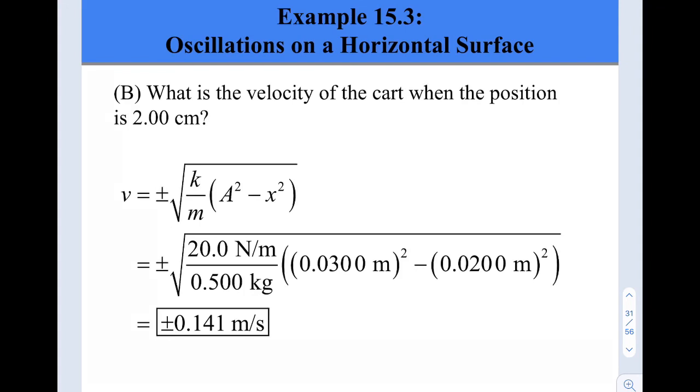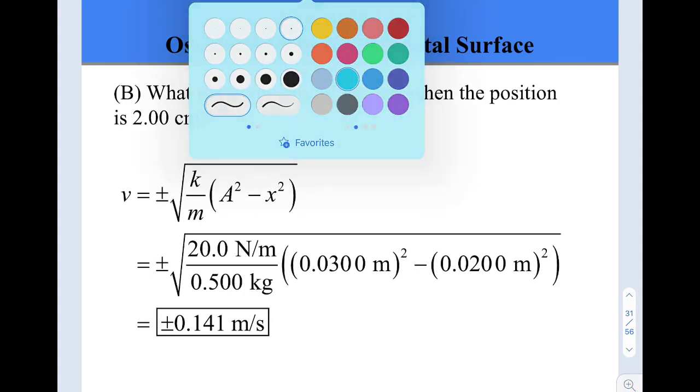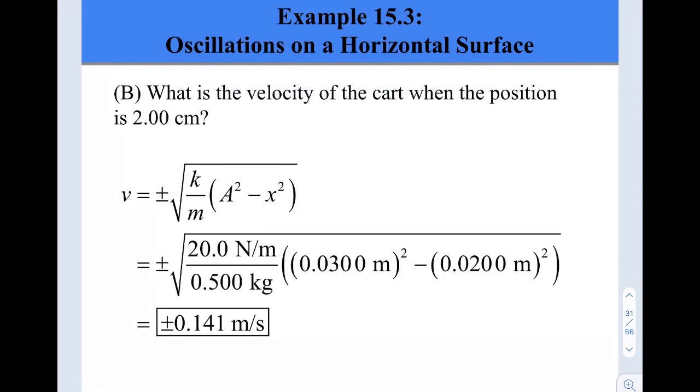Then part B: what is the velocity of the cart when the position is 2 cm? So this is not the amplitude, not the equilibrium. At 2 cm, use this formula directly.